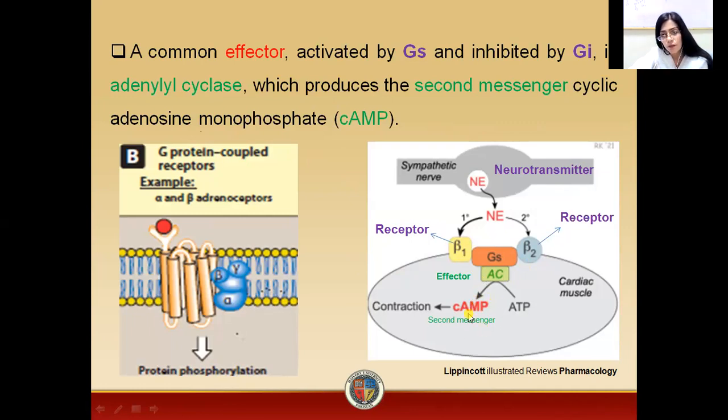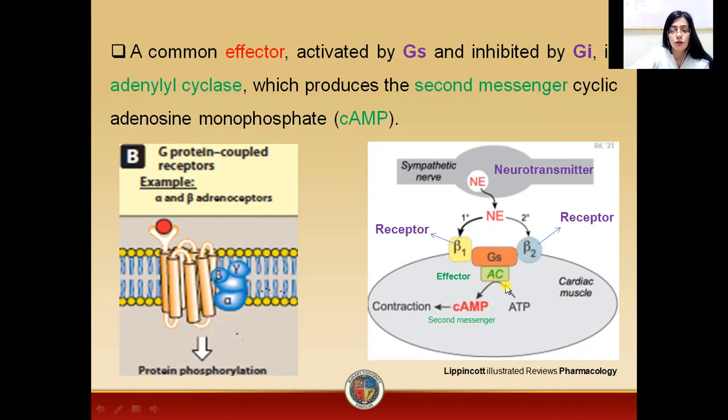Now moving towards the figure, whenever there is binding of a neurotransmitter with a G protein coupled receptor, in this figure our neurotransmitter is norepinephrine. Whenever norepinephrine binds with beta receptors, that are G protein coupled receptors, beta 1 or beta 2 receptors, which are linked to GS protein, there is activation of the effector, and that effector is adenyl cyclase.